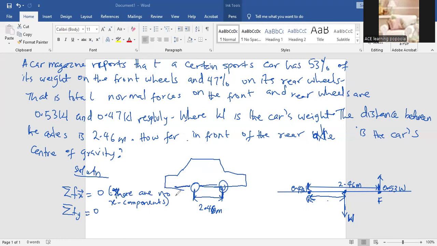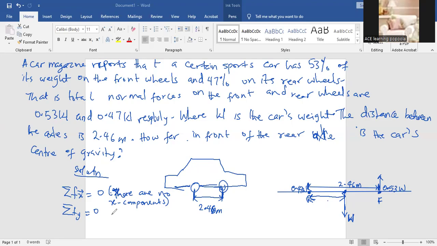Now let's look at the second condition, the summation of forces in the y direction. Is it satisfied? Let's see. Upward force must be equal to downward force.